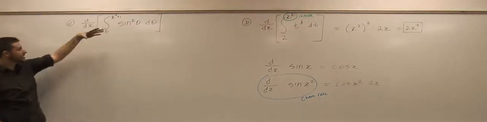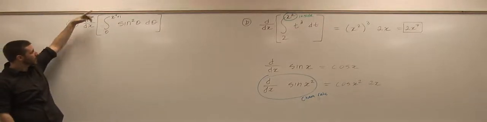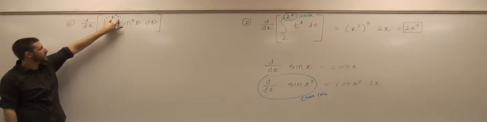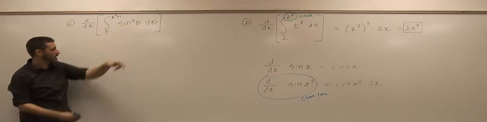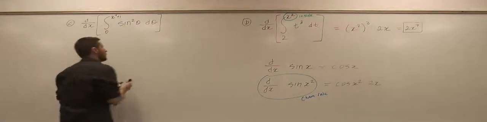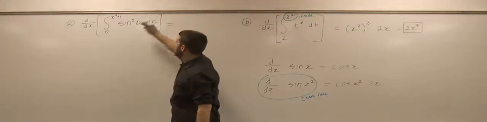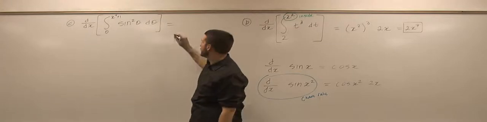So the idea is first, if you had an x here, the second fundamental theorem of calculus would allow you just to plug in the x and be done. So the derivative of the outside in this case is to just plug in the x to the fourth plus 1.